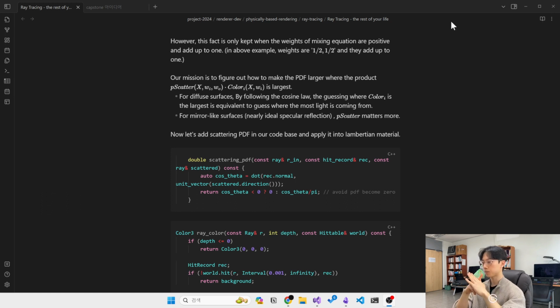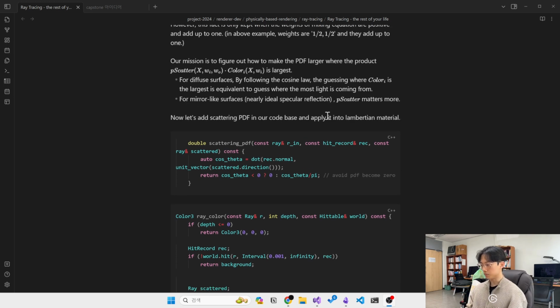The dot product is largest exactly when the normal vector direction and the scattering direction are the same. When the outgoing direction is toward the light, that is the largest cosine. For that reason, guessing where the color is largest is equivalent to guessing where the most light is coming from.